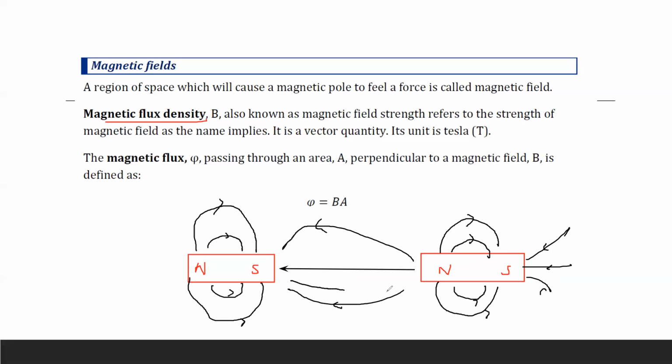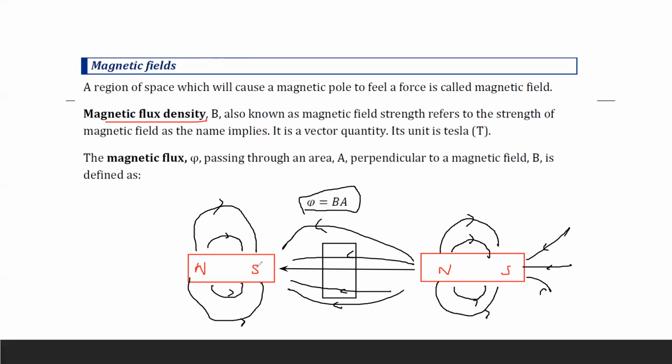Now, what is magnetic flux? Magnetic flux means how many field lines are passing through a unit area. For example, if we have this surface and this surface is perpendicular to the magnetic field, how many field lines will pass through a unit area? So the strength of a magnetic field on a unit area is known as magnetic flux.